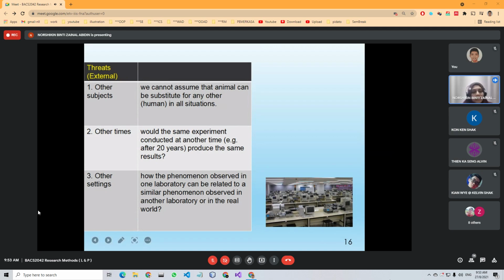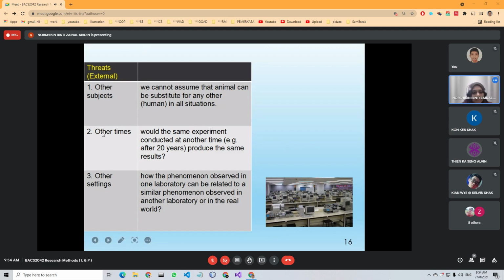Even though it contradicts this statement, NASA still sends monkeys to space instead of humans. So monkeys go to space on behalf of us. I do not know the reason or objective of their research. So that one is the other subject.